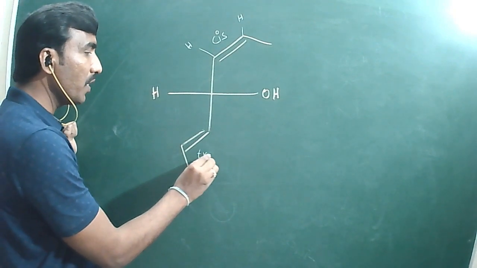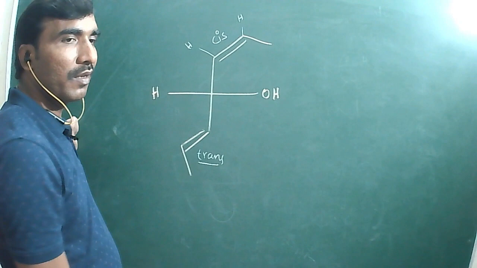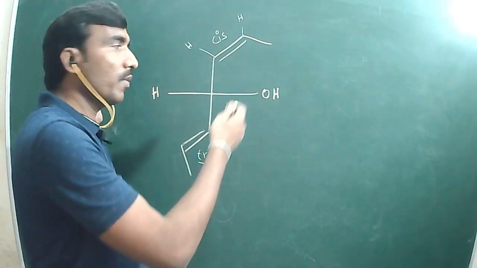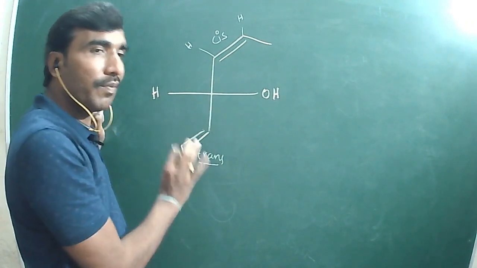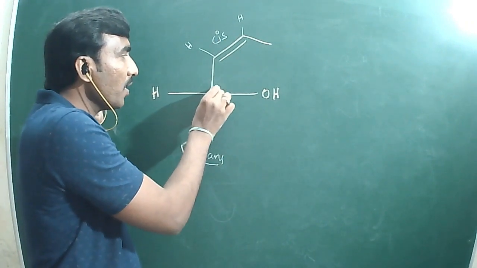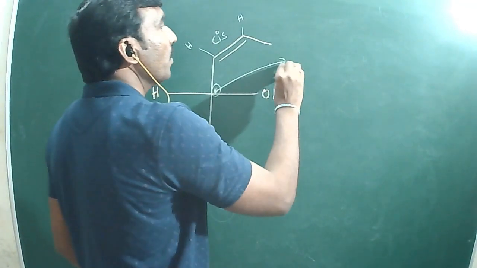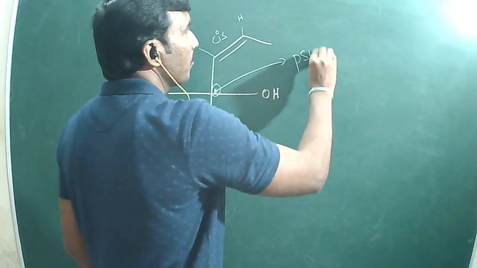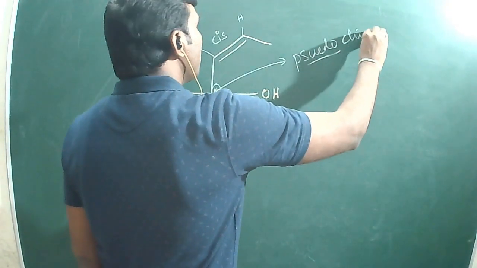So with respect to this orientation, they are differing or not? Because cis-trans isomers differ in physical properties. So I can consider them as different groups with respect to cis. Then this carbon is not exactly chiral, it is what? Pseudo chiral center. Pseudo chiral center it is.